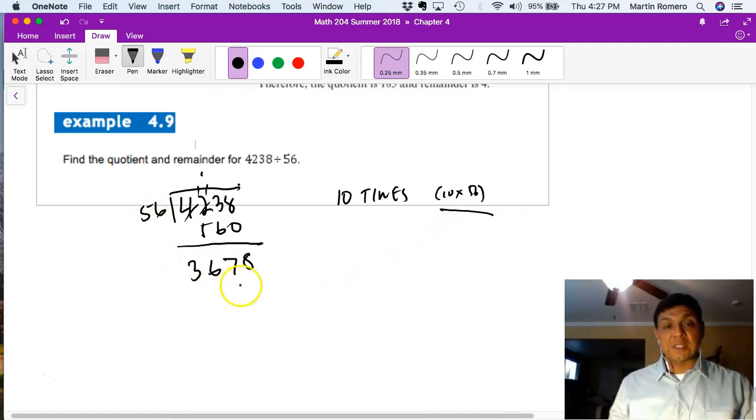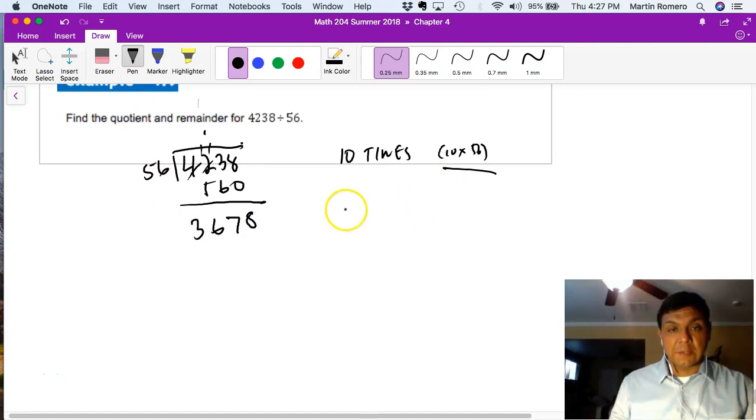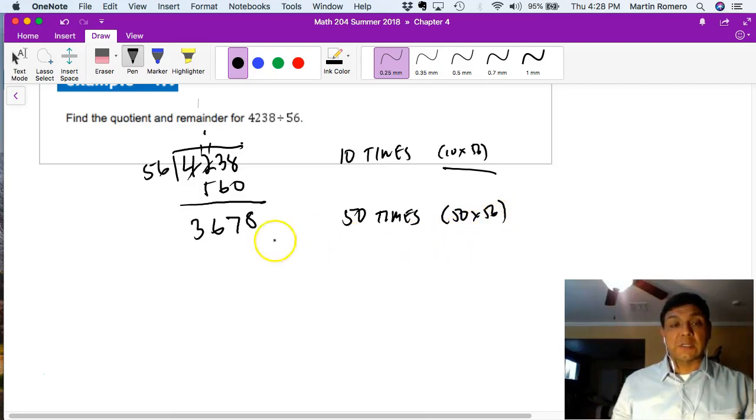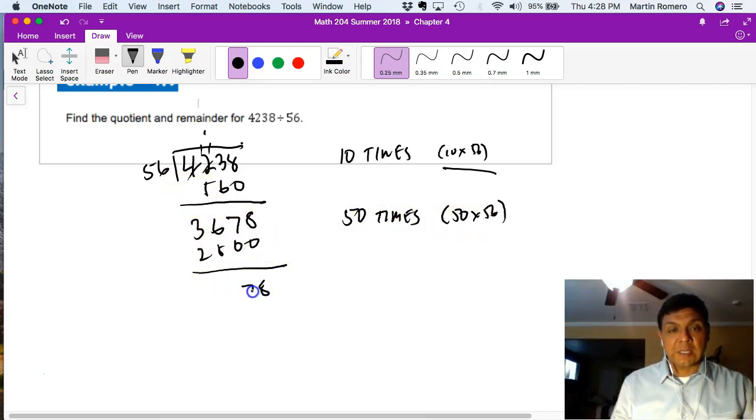How many times does 56 go into this number here? I'm going to be a little bit more brave and say, let's try 50 times. So if I do 50 times 56, this gives me 2,500 plus 300. So that's 2,800. It goes into it 50 times. 56 times 50 is 2,800. So what is left over? 8, 7, 16 minus 8 is 8.